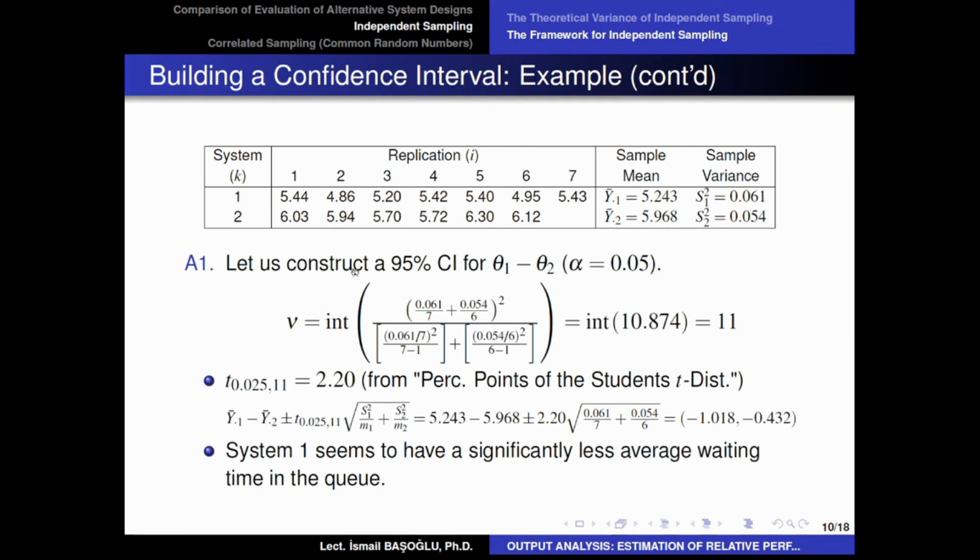Now, I want to construct a 95% confidence interval for theta 1 minus theta 2: the expected queue waiting time in the first system minus the expected queue waiting time in the second system. My confidence level is 95%, so my significance level is 0.05. So let's start by calculating the degrees of freedom.